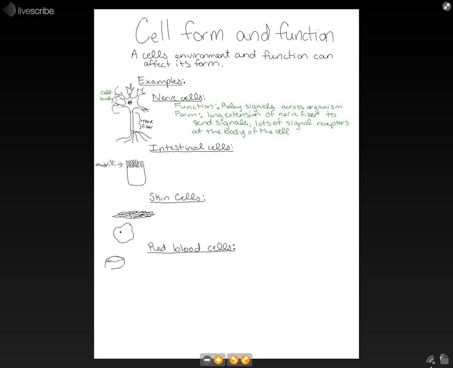Another example of how the form is fitted for the function is intestinal cells.